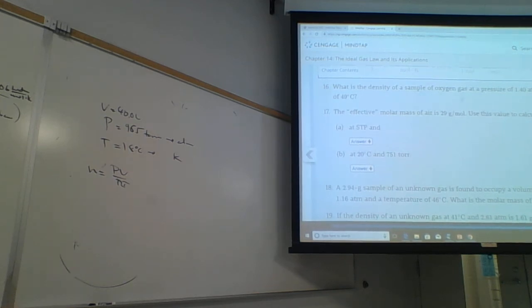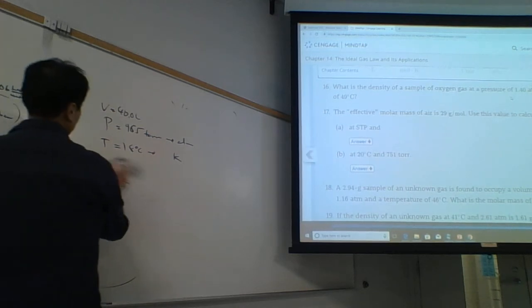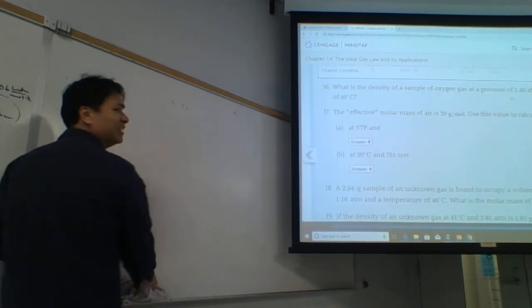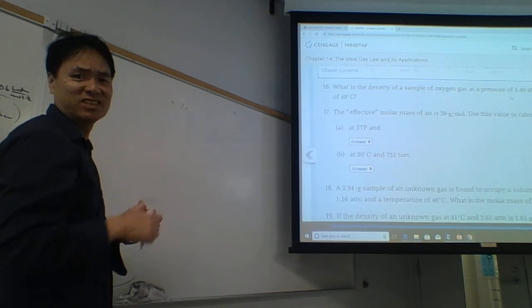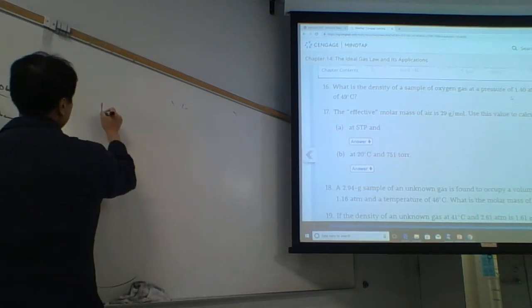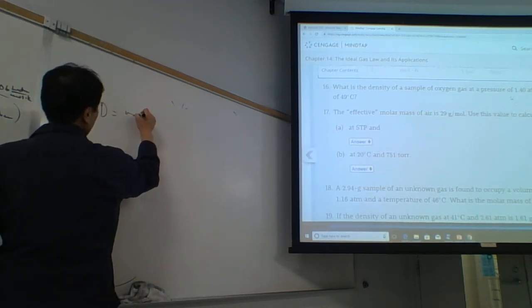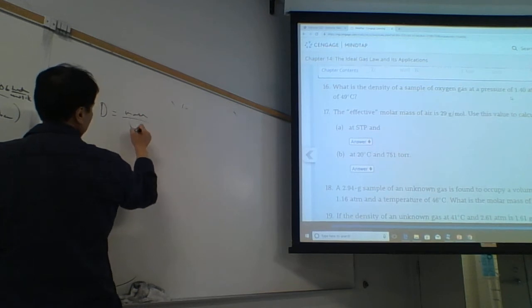What is the density of a sample of oxygen gas at a pressure of 1.40 atmospheres and a temperature of 49 degrees C? So what was the density equation? Density is mass over volume.